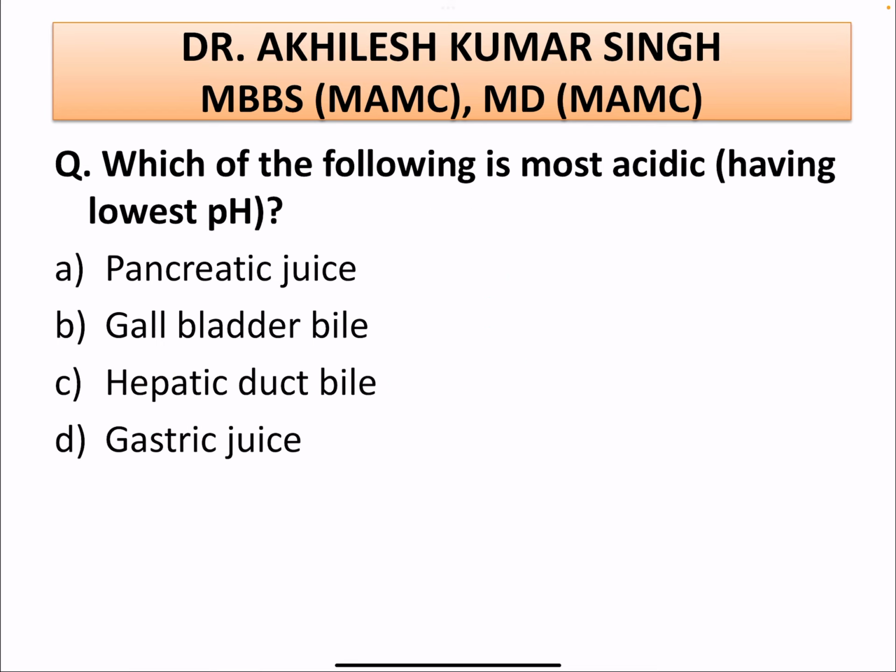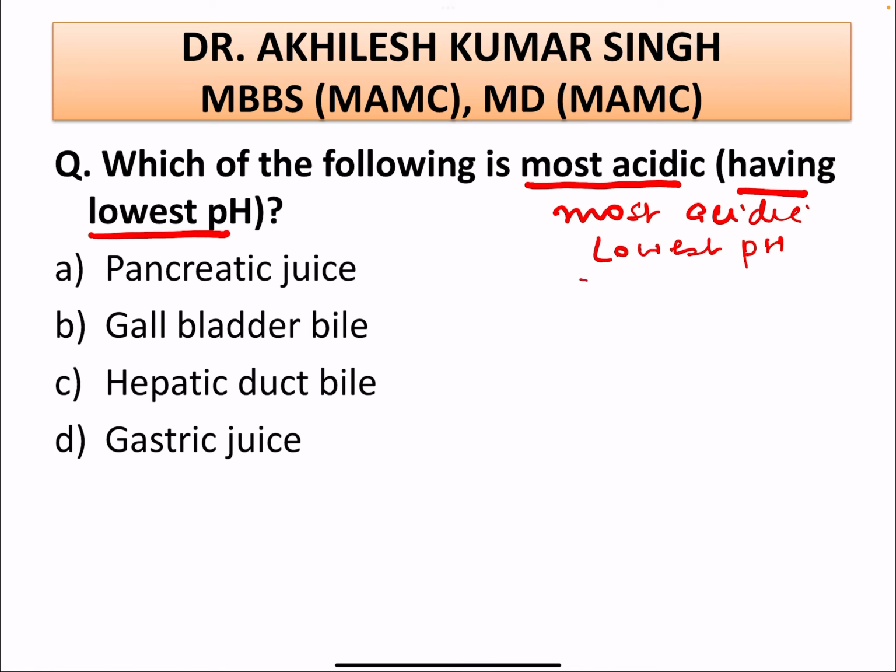Now let us look at another question here. Which of the following is most acidic? Most acidic means the one which has the lowest pH. I have told you that the gastric juice secretion pH is 0.8 to 3.0, average is 1.2, and this has the lowest pH in the body.